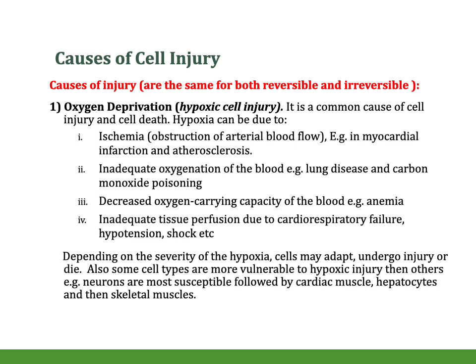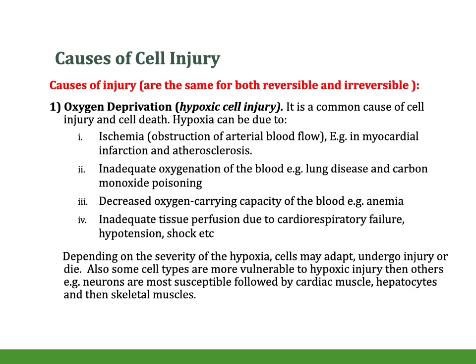There are some conditions as well wherein the body attacks its own cells. This is known as autoimmunity. We see that in autoimmune diseases like systemic lupus erythematosus, or lupus, or SLE, wherein the immune system attacks its own DNA.